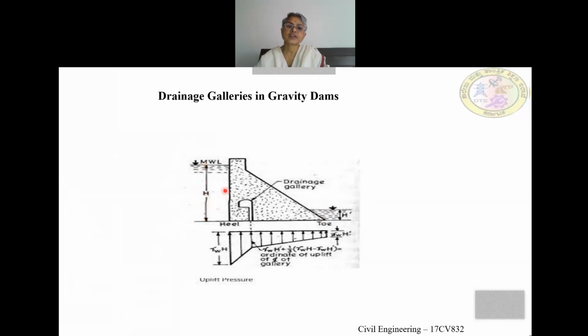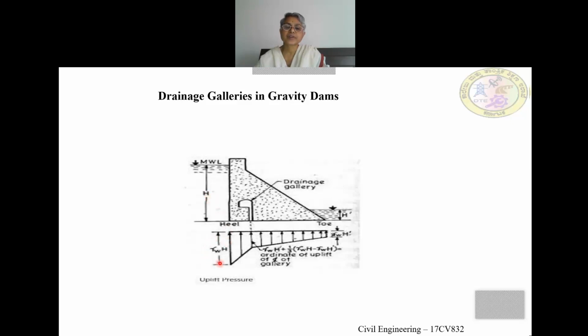Because of this water on the upstream side, there will be a head below the dam, because water seeps from the reservoir into the soil below the dam, or whatever the material is there below the dam. If it is a rock foundation, seepage will not be there. But if there is a clay or some soft soil, then there will be seepage. The water will seep and there will be a pressure head here that will be equal to gamma W into H, where H is the height of the water on the upstream side.